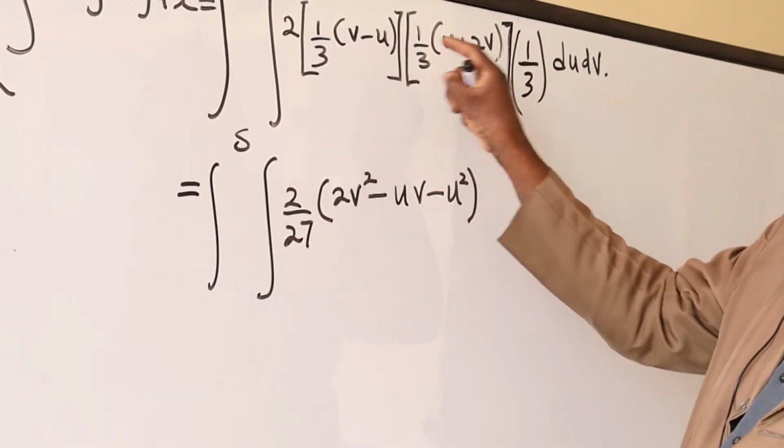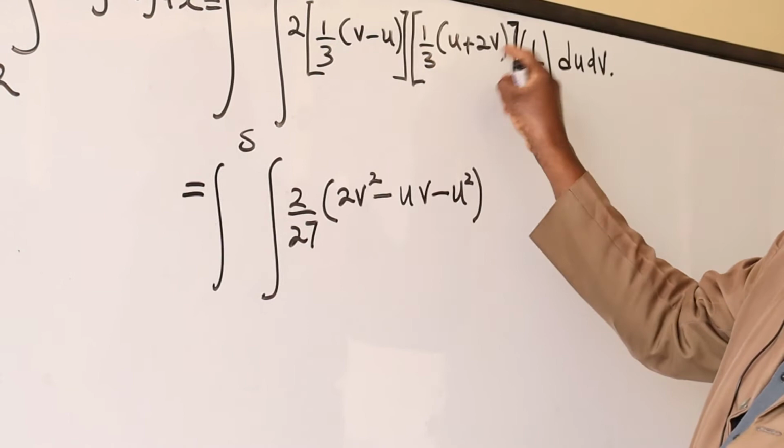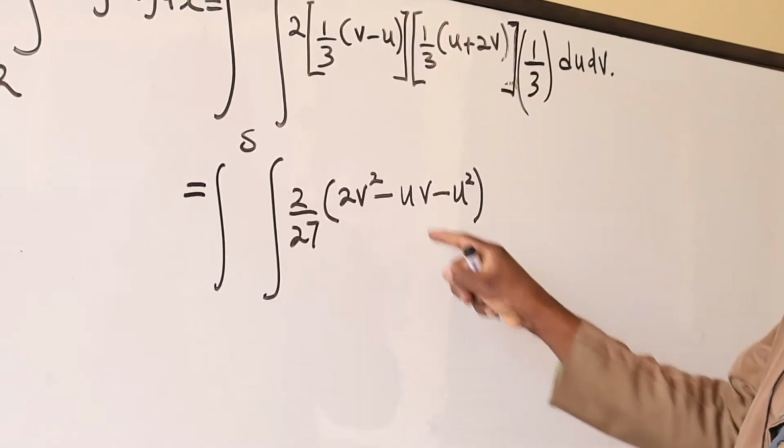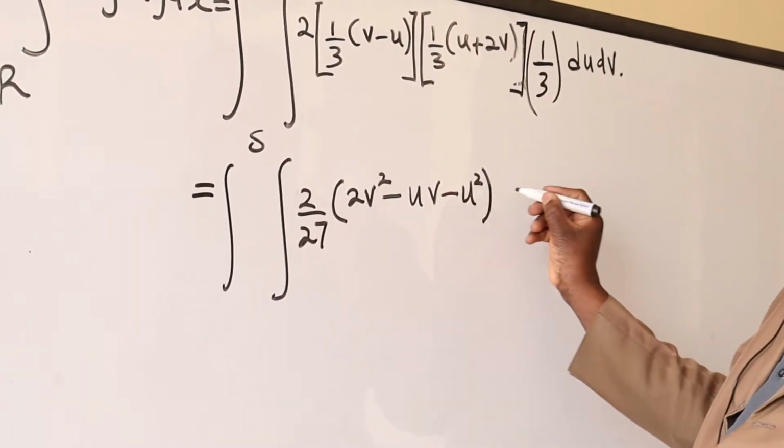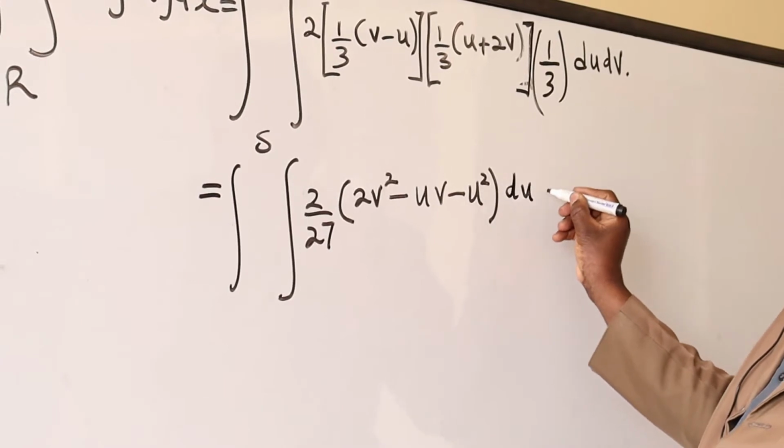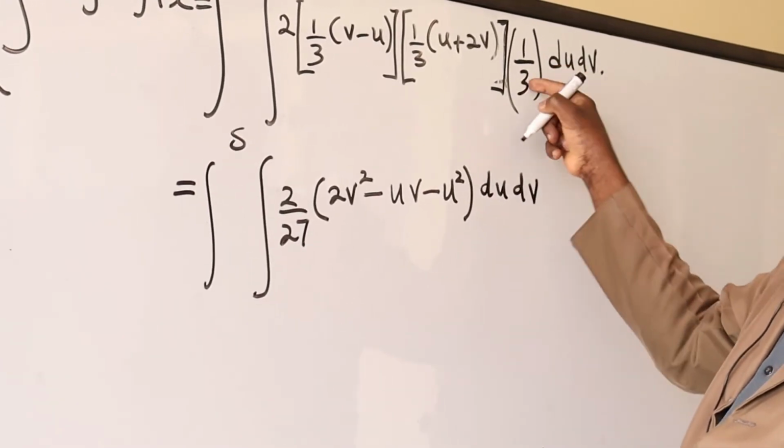That is 2v squared minus u squared minus uv, du dv.